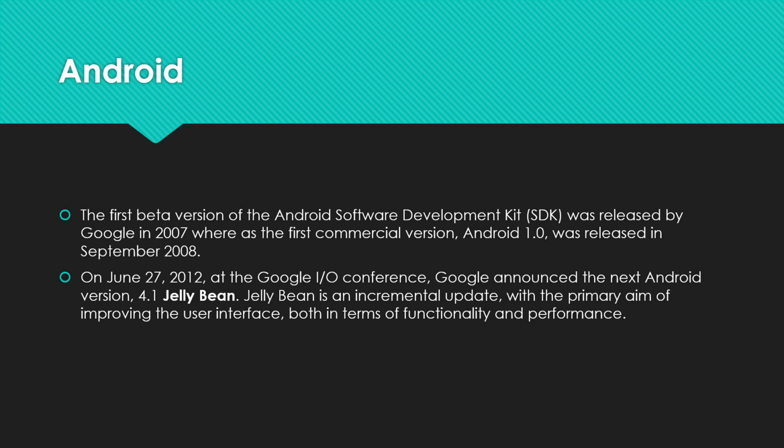Jelly Bean is an incremental update, meaning it has a large update from its previous versions. Its primary aim is improving the UI of Android and also its functionality and performance.